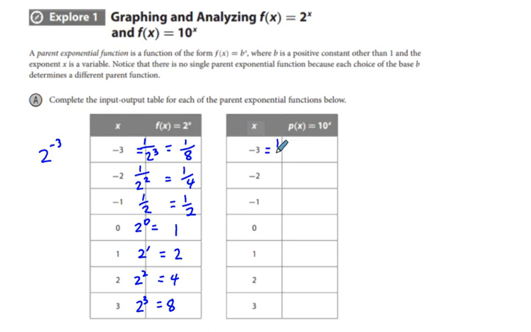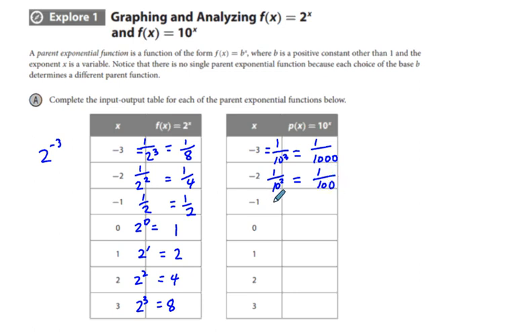1 over 10 cubed, which is going to be equal to 1/1000th. And then for negative 2 for an input, we have 1 over 10 squared, which is going to be 1/100th.